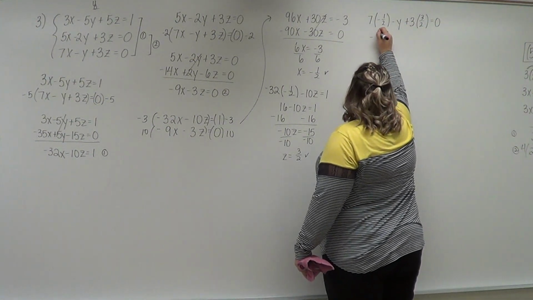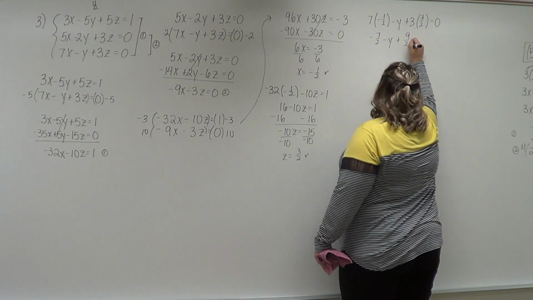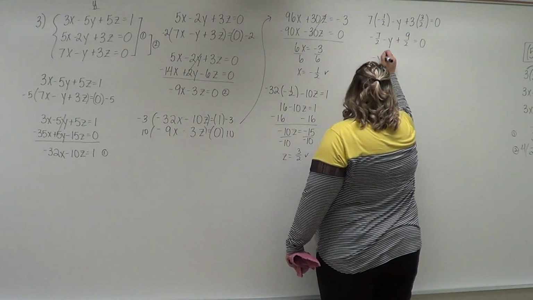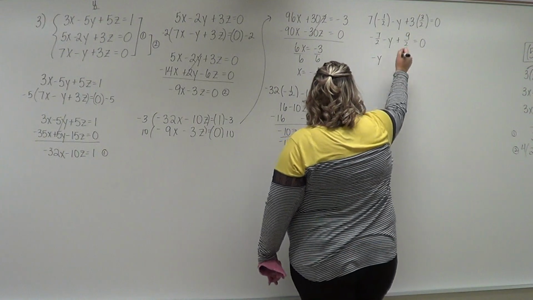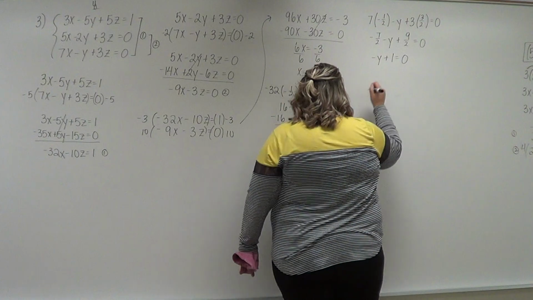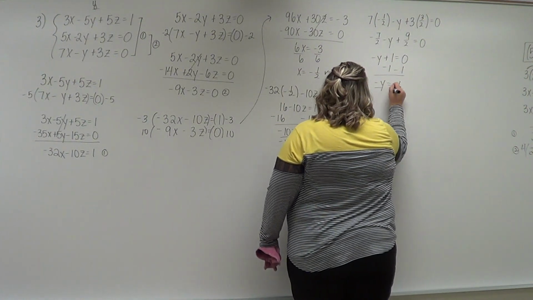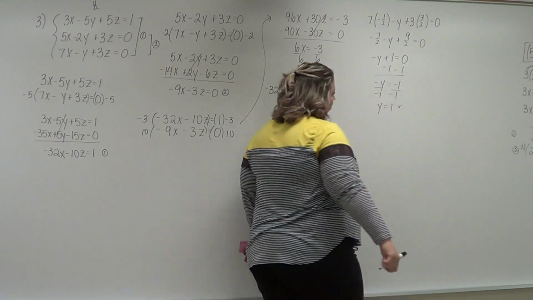So this would be negative 7/2 minus y plus 9/2 equals 0. So this would be negative y, and then negative 7/2 plus 9/2 is 2/2, which is 1. Subtract 1, so I have negative y equals negative 1. Divide by negative 1. So y equals 1.